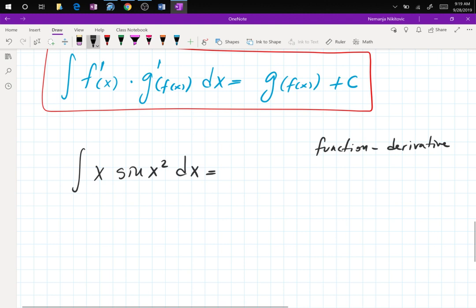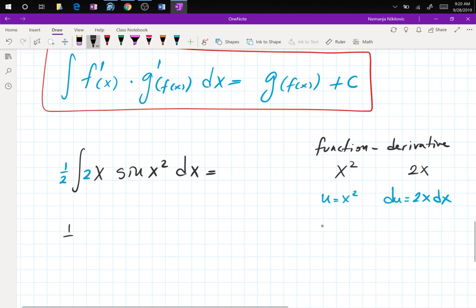So in this case, what do we have? X squared. So the function is x squared and its derivative would be 2x, right? So we are immediately going to say u equals x squared and then du equals 2x dx. I don't have a 2, so I will fix that by writing the 2.5 in.